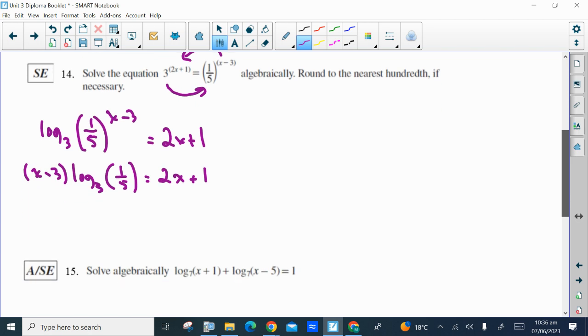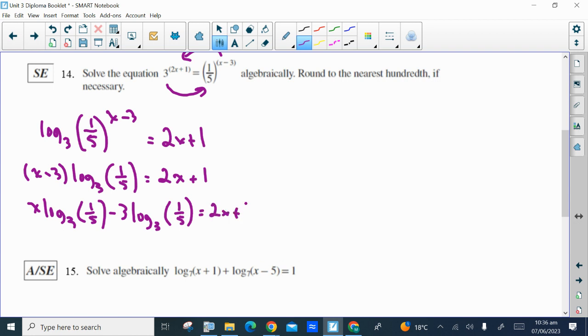And then we multiply out the brackets. We're trying to solve for x. We need to get x by itself.